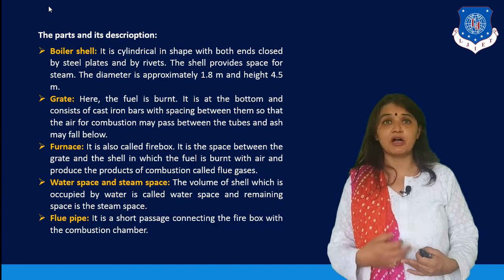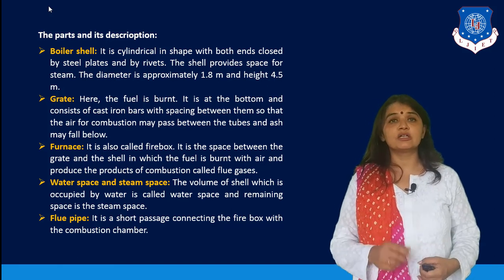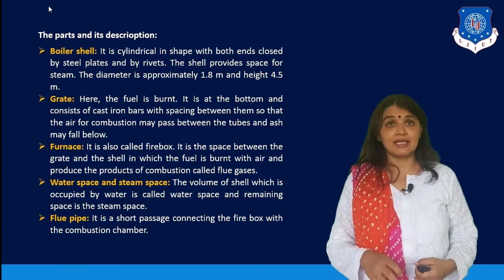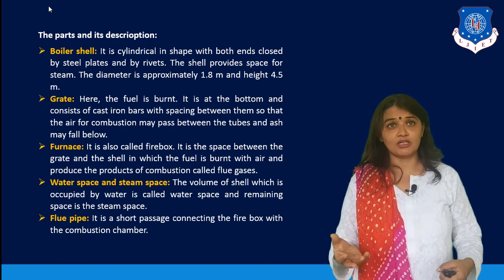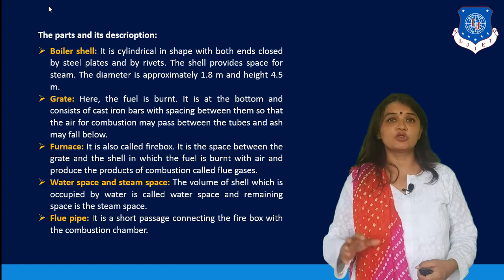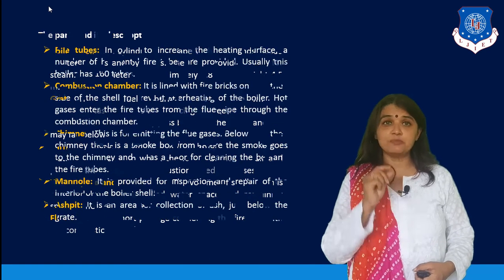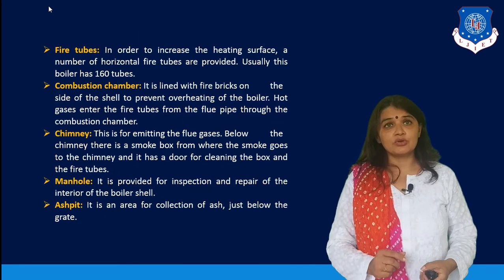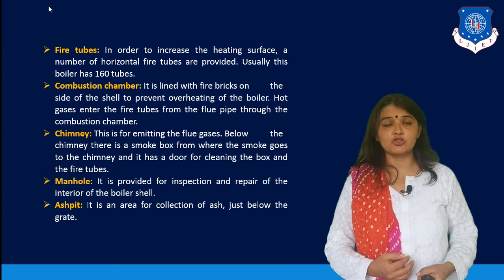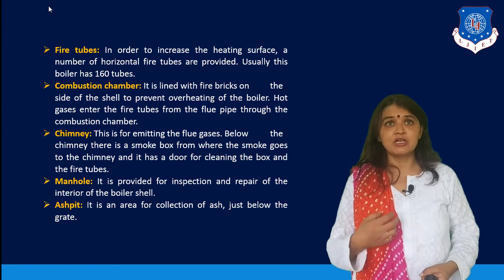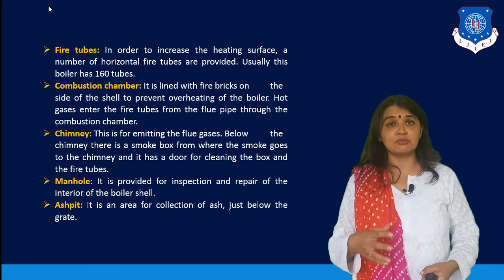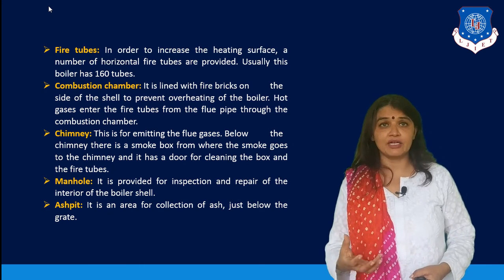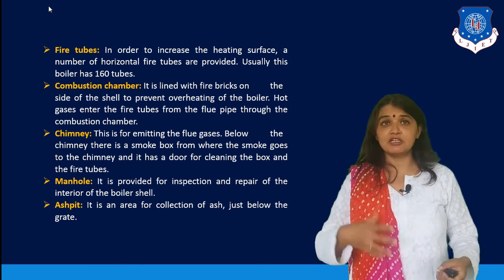For each and every part of the boiler, a particular description is given, like its dimension, where it is situated, whether it is at the bottom or in the middle, and even the function of each part. Then we have other parts also, like the fire tubes, the combustion chamber where the combustion happens, and the chimney, whose location and function are given: it emits the smoke.